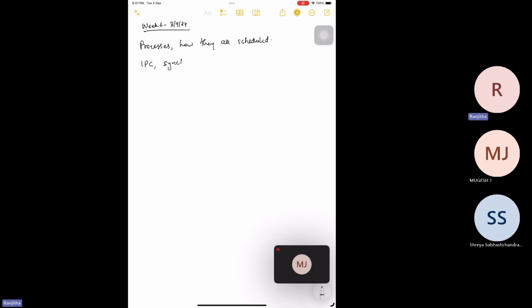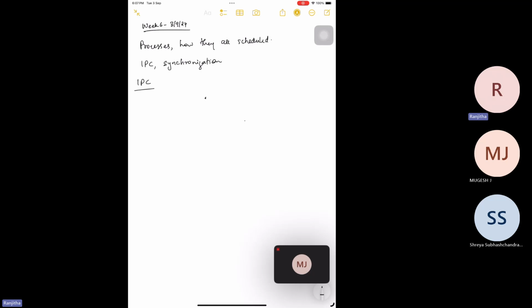Then, when there is communication between two processes and data shared between them, we need to ensure that the common data that both the processes access is synchronized so that there won't be any data corruption. So the first thing is interprocess communication.